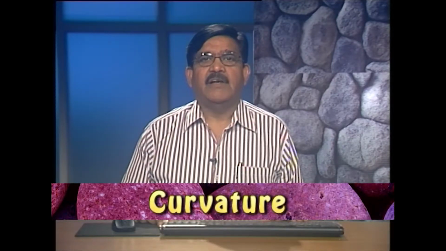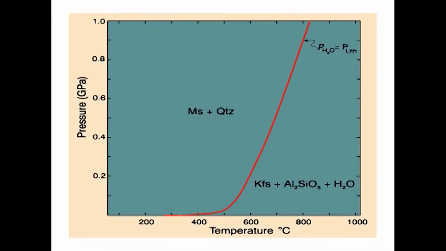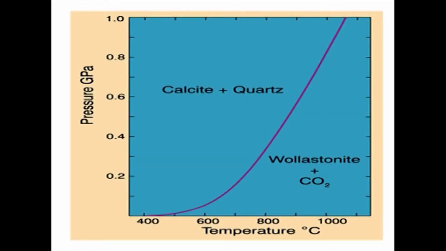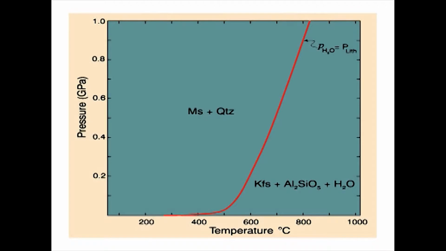Curvature. The curves for dehydration or decarbonation reactions on the PT diagram will have shallow slopes at low pressure, because the volume of a fluid phase is much larger than that of the solid phases.